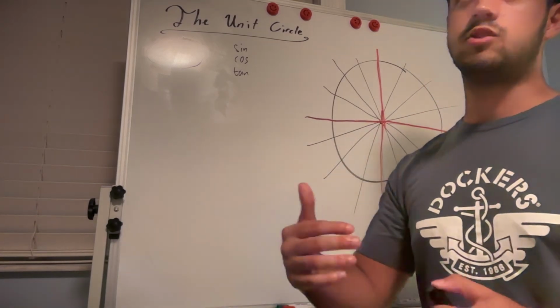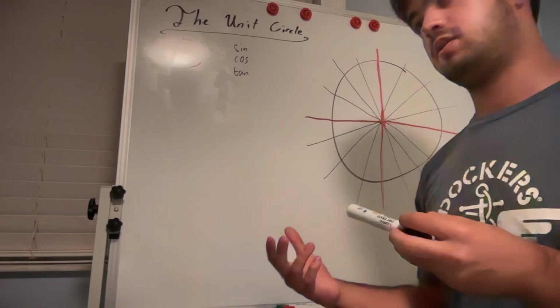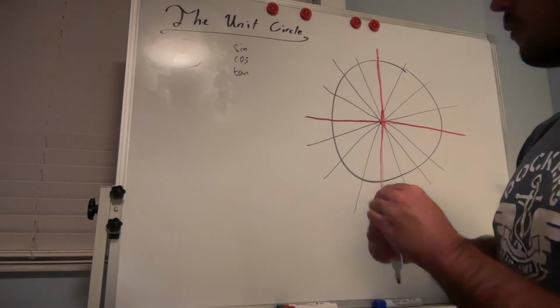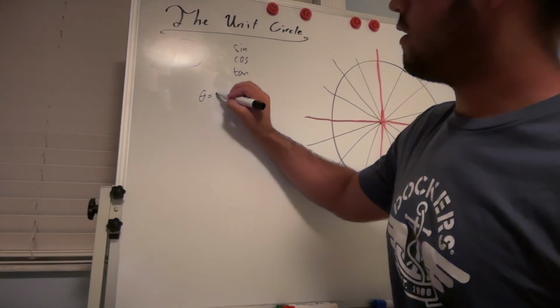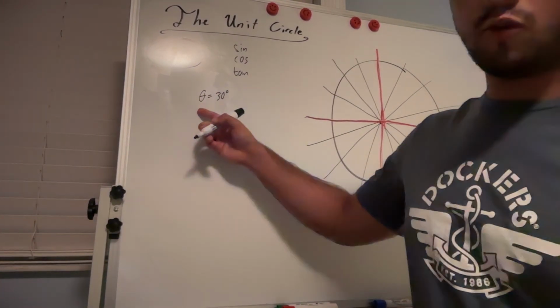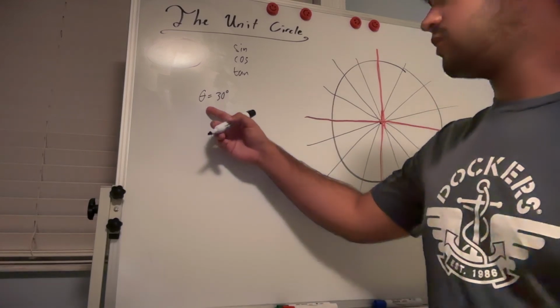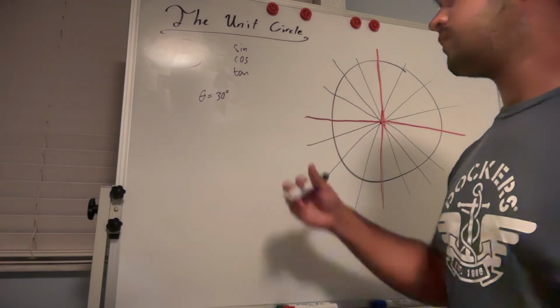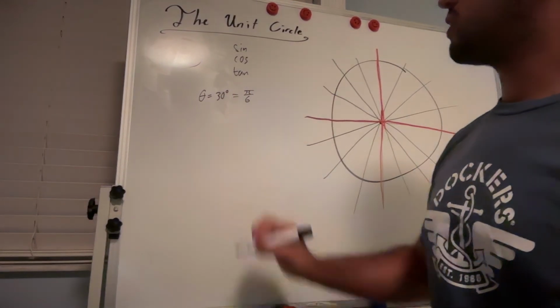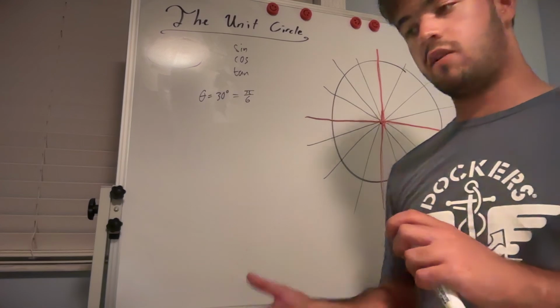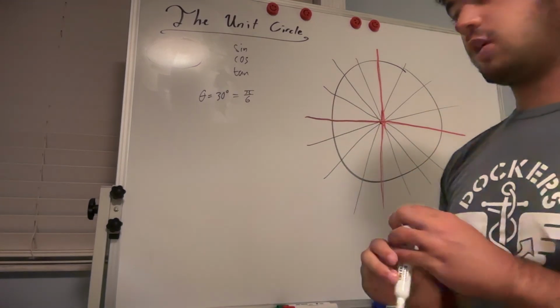So radians is just another form of an angle measure. So let's say we have an angle of 30 degrees, and I'll be using the Greek symbol theta to determine what angle we're using. I can tell you that this is the same as pi over 6. And that's because there's a conversion factor between radians and degrees.